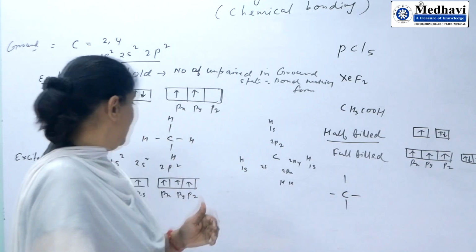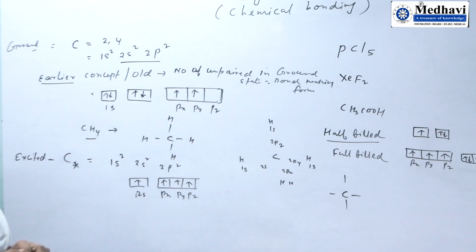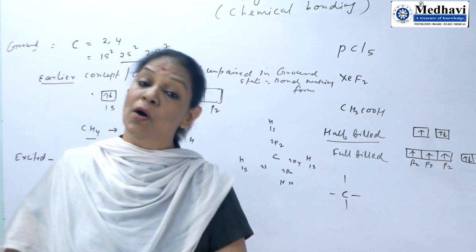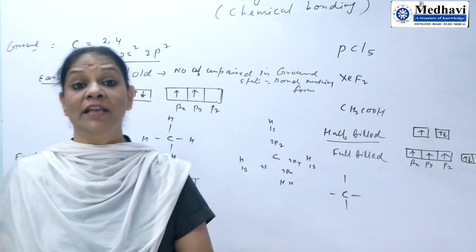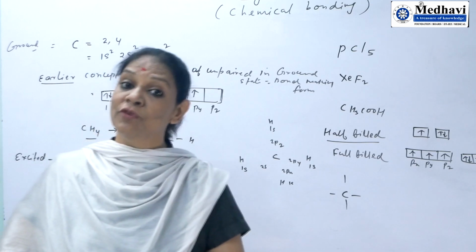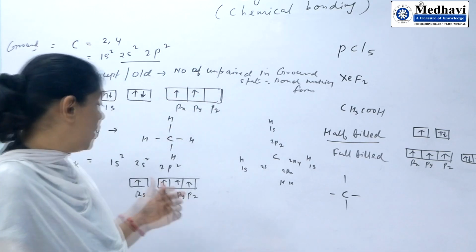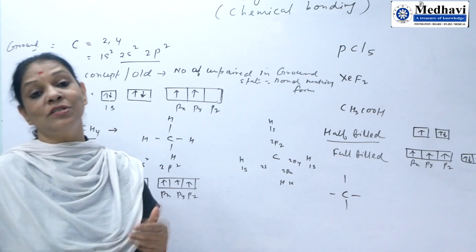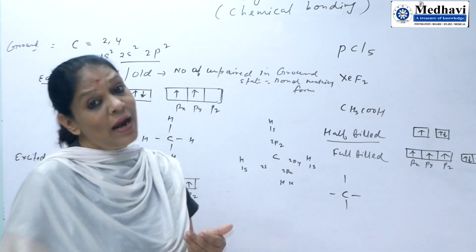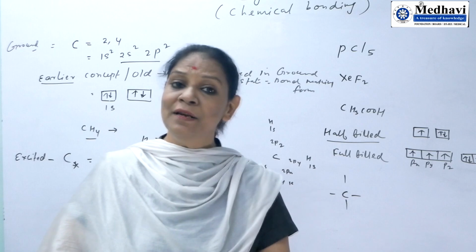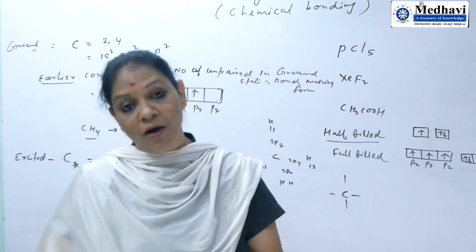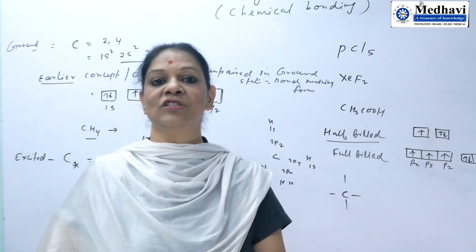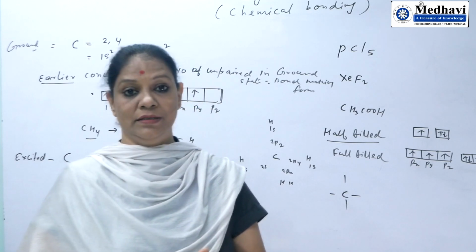So again a new concept came: when an element is involved in forming a compound, mind it, all its pure unpaired orbitals intermix together to form equivalent orbitals, which are called hybrid orbitals.